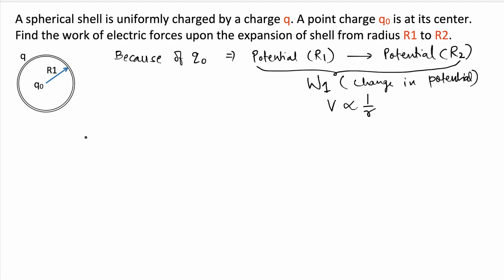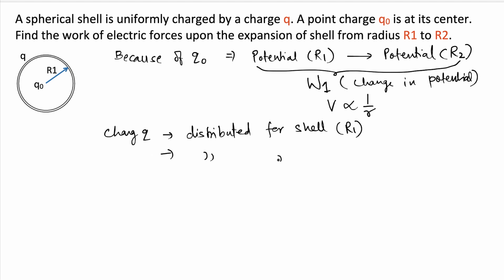What is the other work that we require to be done? So here if you see, the charge Q is distributed initially for, let's say, a shell of radius R1, and then eventually it will be distributed for the same shell at R2. Okay, so there is a redistribution happening, right?